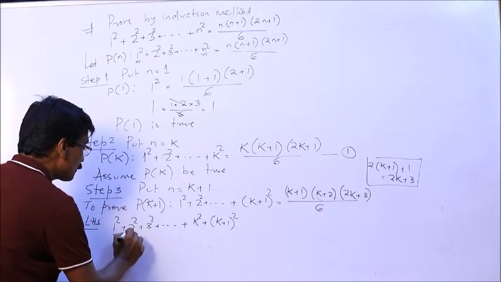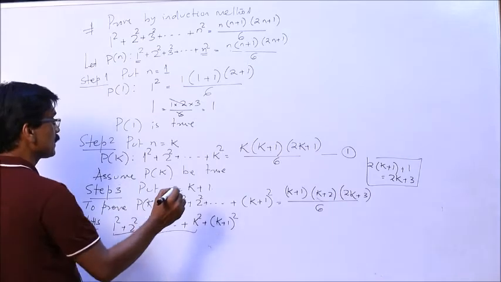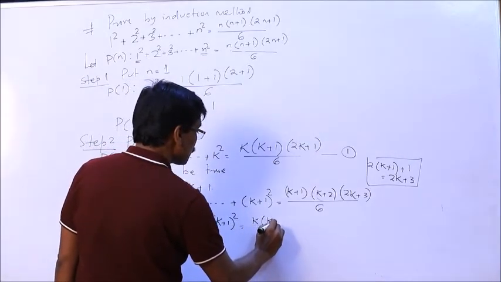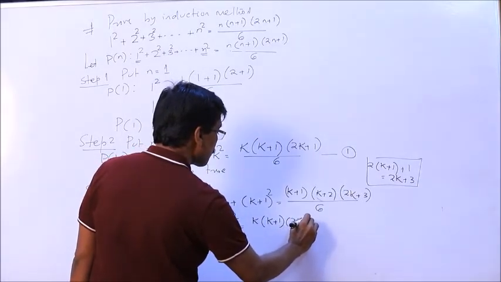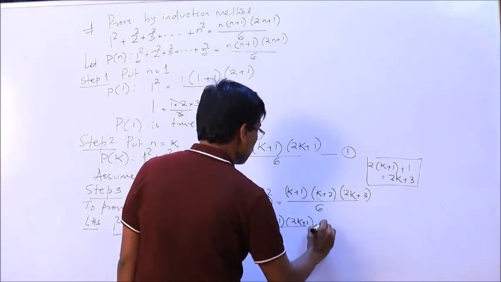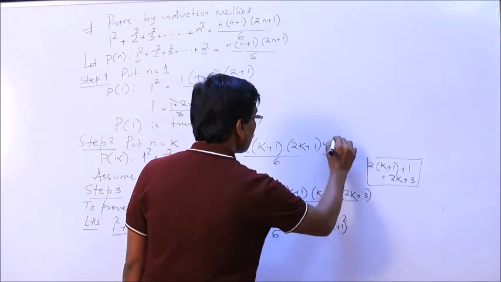and the sum of these terms 1 square plus 2 square up to k square is equal to k into (k+1) into (2k+1) divided by 6, plus (k+1) whole square, that is from equation 1.